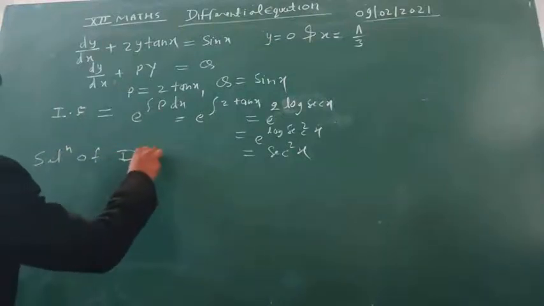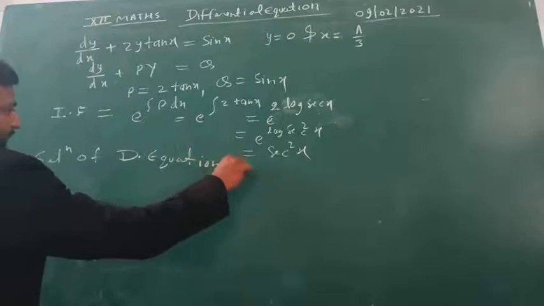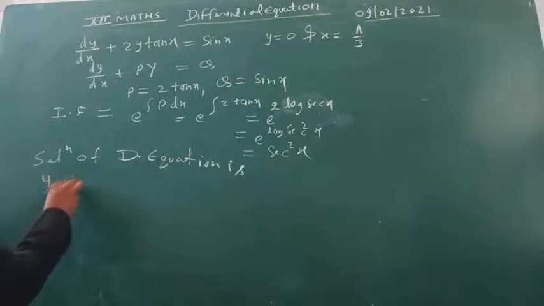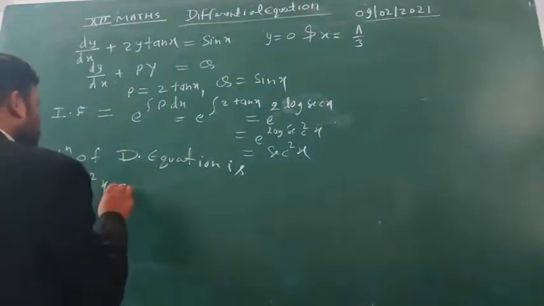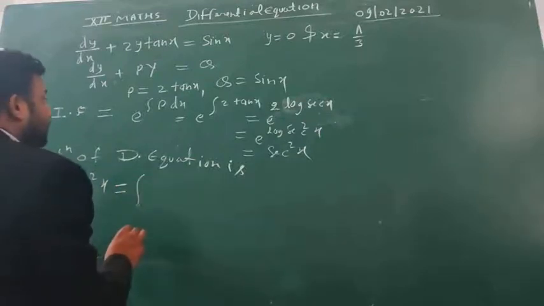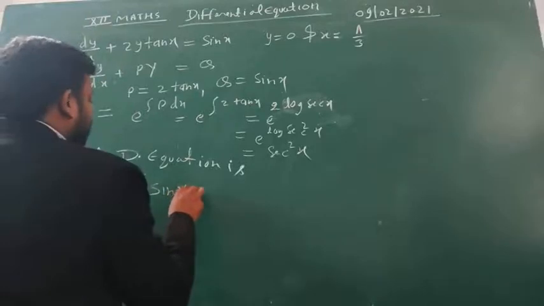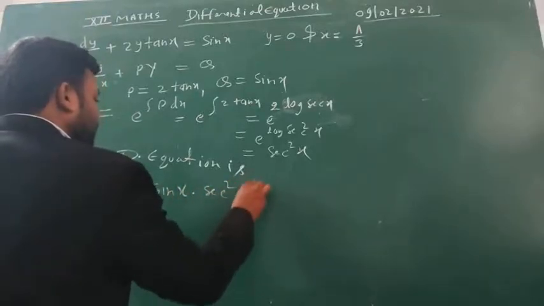Now students, the solution of the differential equation is given by y into the integrating factor sec square x is equal to integration of Q, which is sin x, into sec square x dx.